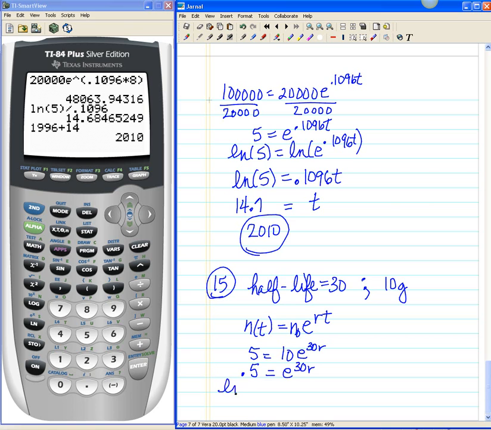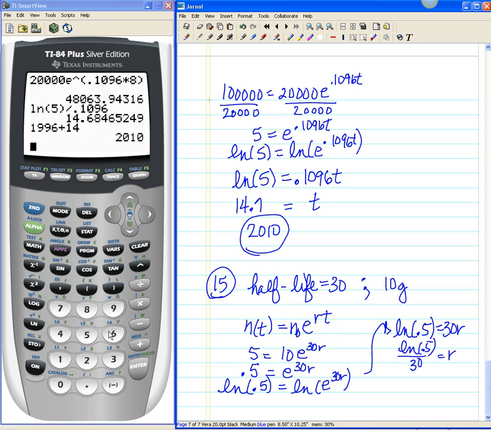So if we take the natural log of both sides, we're going to get that the natural log of 0.5 is just 30r. Then divide by 30.